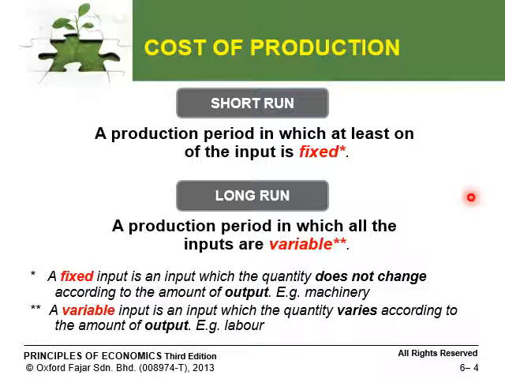As for the long run, all input is already converted into variable input. When all the inputs become variable input, your cost will automatically become a variable cost. So that is the difference between the short run and the long run.